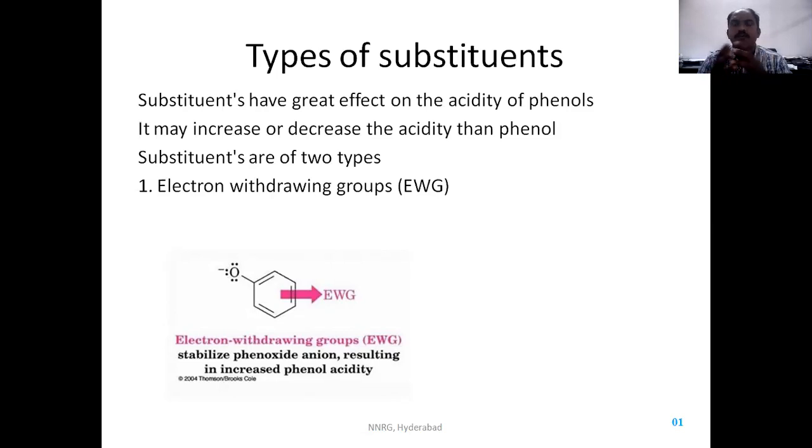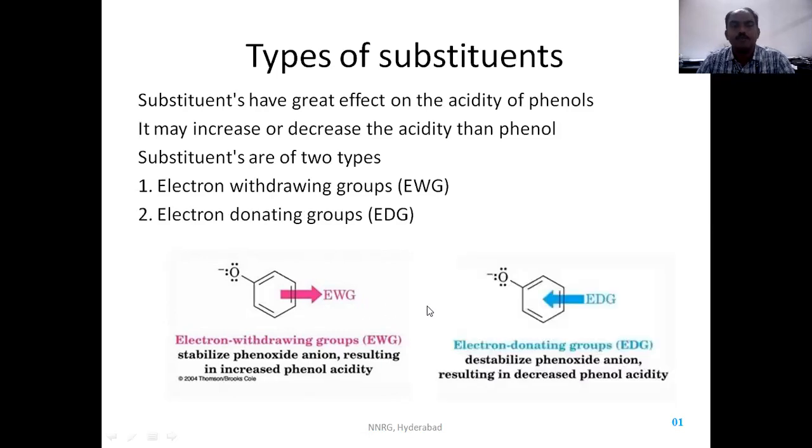So the availability of electron cloud on oxygen decreases, and the oxygen will try to pull the electron cloud from the weaker atom, that is hydrogen. The bond between oxygen and hydrogen weakens, the hydrogen goes out, and the acidity increases. In other terms, an electron withdrawing group stabilizes the phenoxide ion, resulting in an increase in phenol acidity.